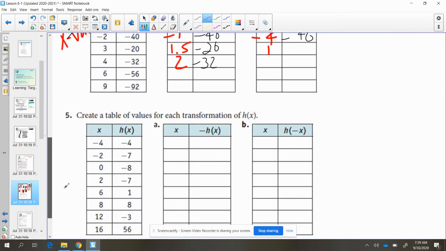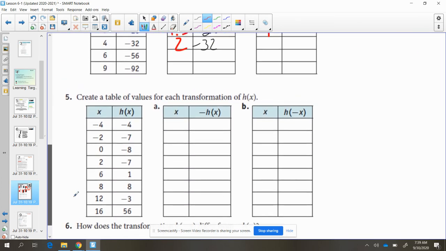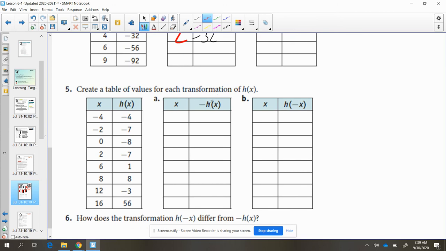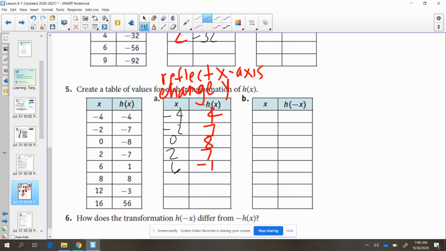All right, finally, we have our reflections, right? We talked about this reflection out front here. This is going to reflect over the x-axis, aka you're changing your y value. So all these x values here will stay the same as the original, but our values here in the chart are going to change their sign because they are reflecting over that axis.